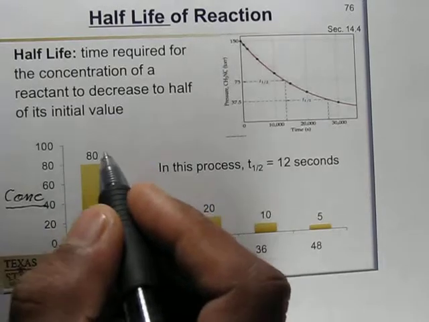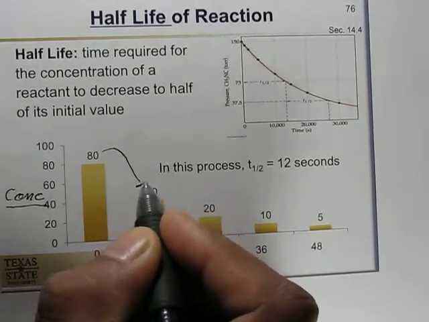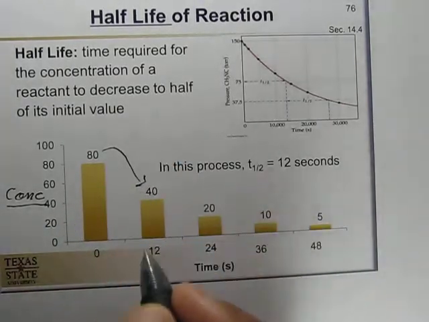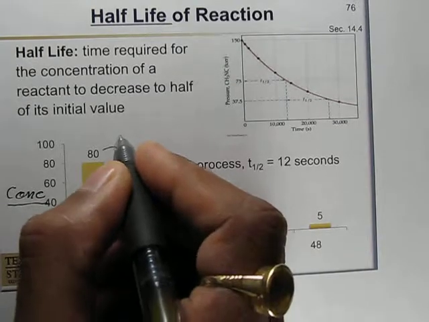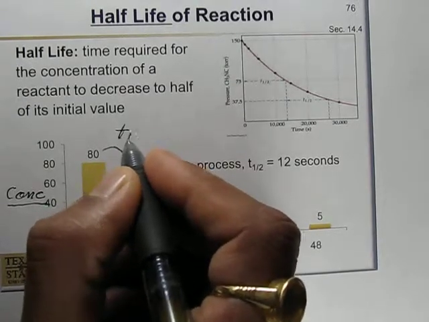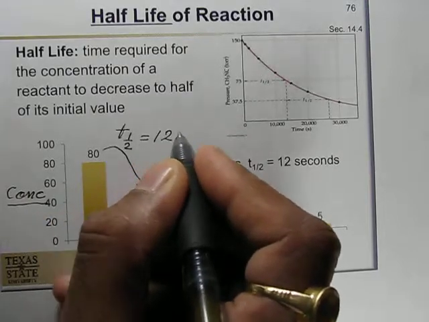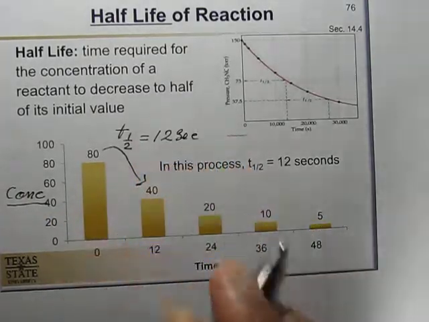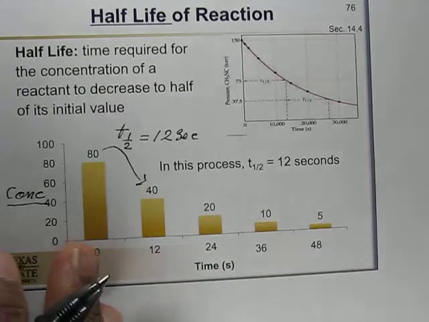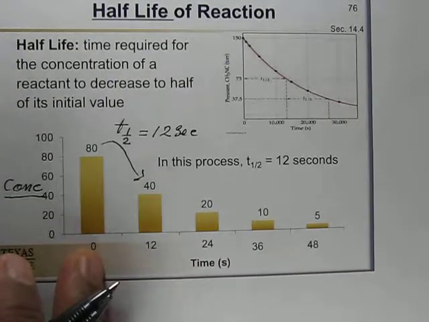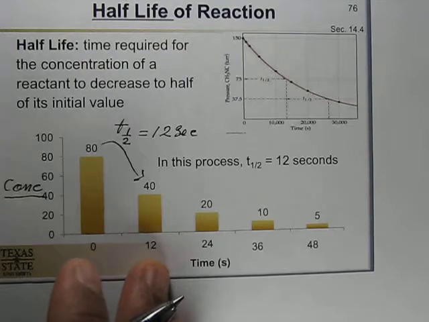So in this process, this time is called the half-life. The half-life of this reactant concentration is 12 seconds, because after every 12 seconds the reactant concentration is decreasing to half.